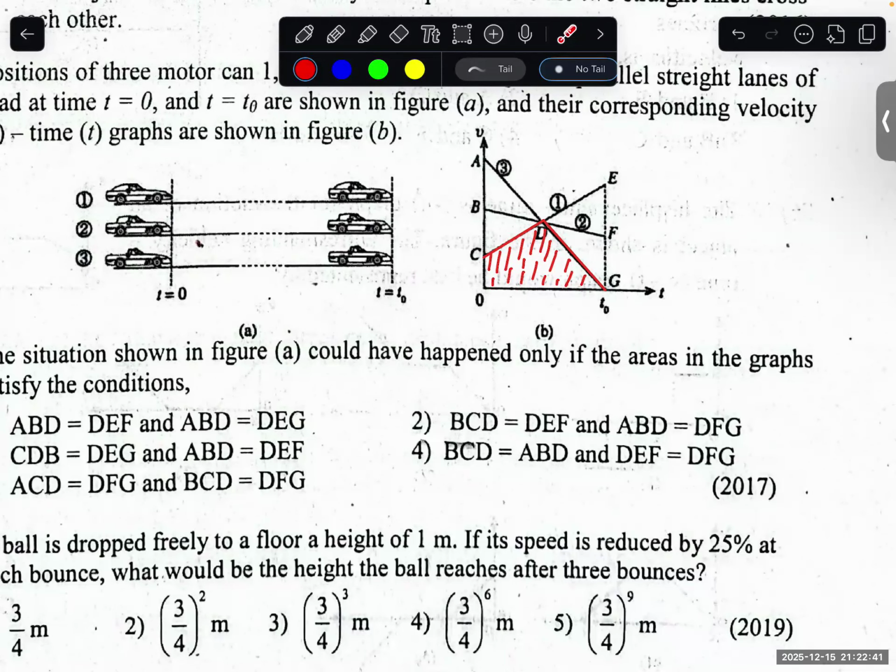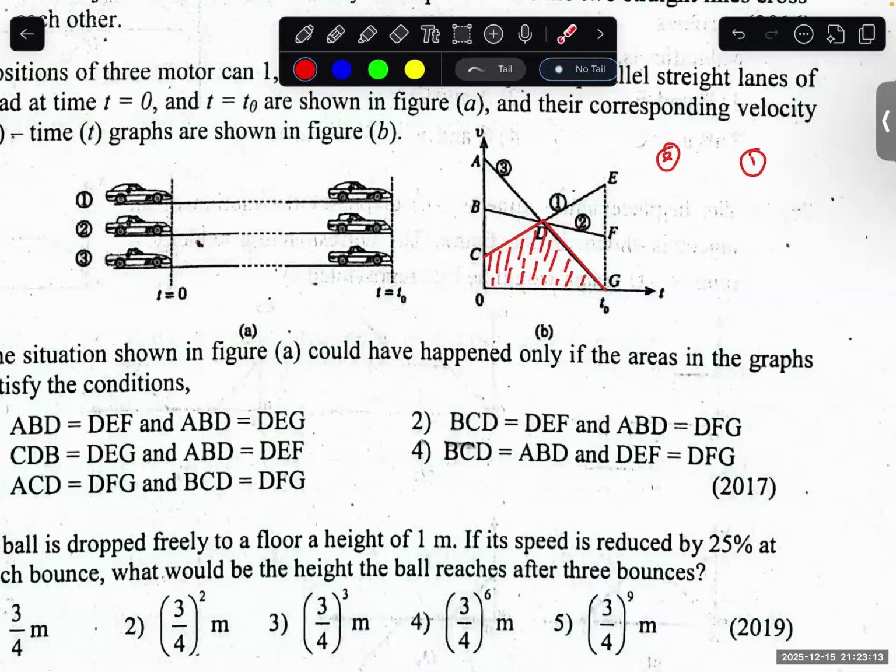So what is the condition? Considering second and the first graph. For second and first, what is equal, guys? Students? So this segment is already equal.